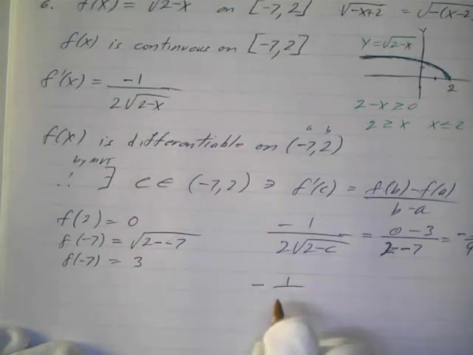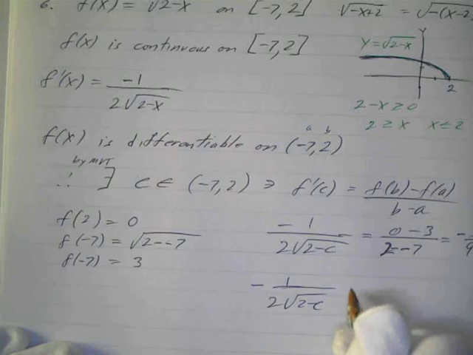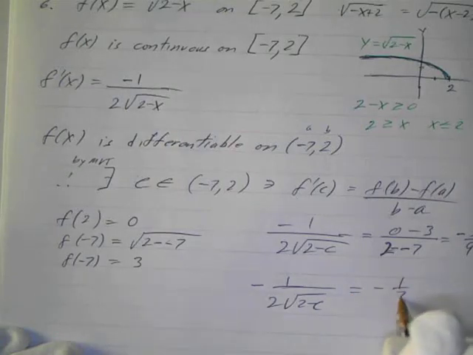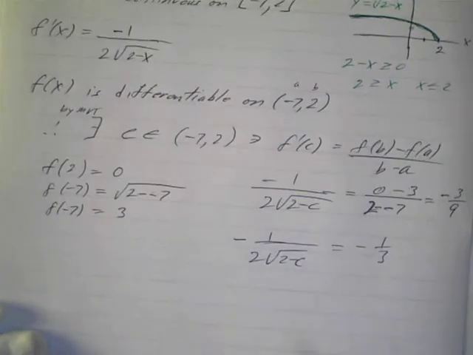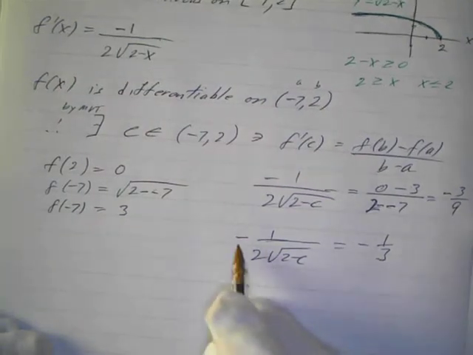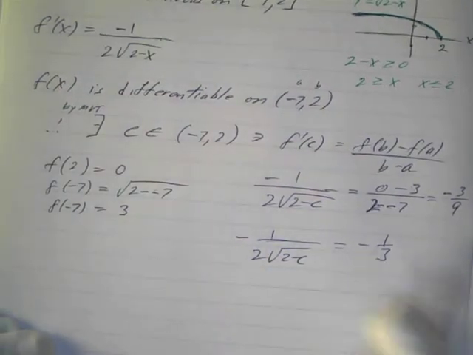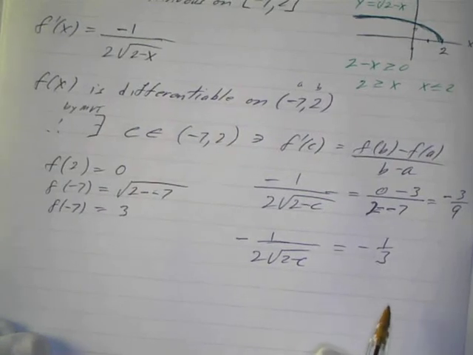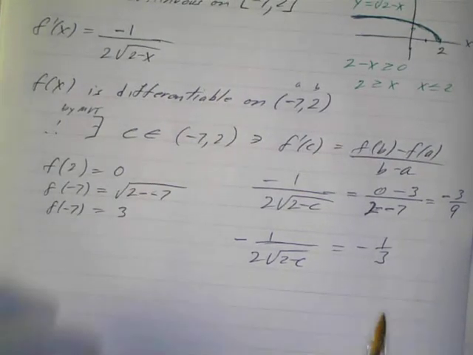So negative 1 over 2 times the square root of 2 minus c equals negative 1/3. There we go. Watch those negatives a couple times. Almost got me. We've got a negative on both sides, so we divide both sides by negative 1, so we get rid of that sign. That makes it easy.